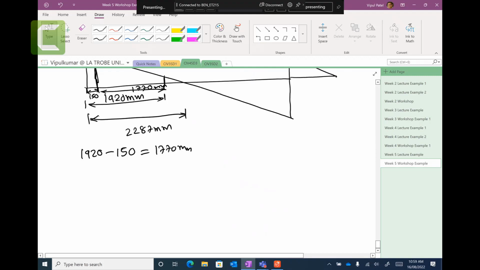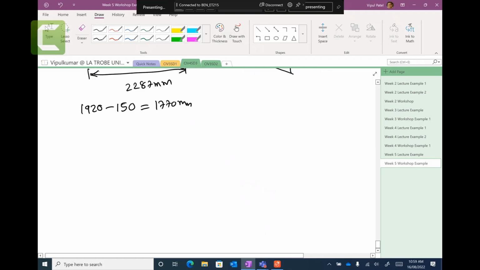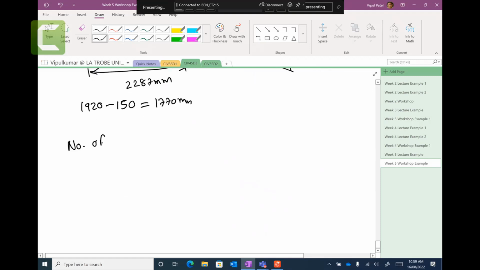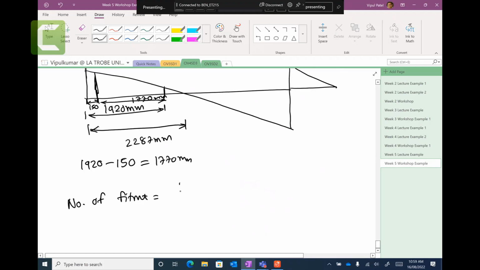So the number of fitments that you're going to get equals 1770 millimeters over 155 millimeters, right? So 1770 over 150, you get 11.8 fitments. 11.8 means 12 fitments.